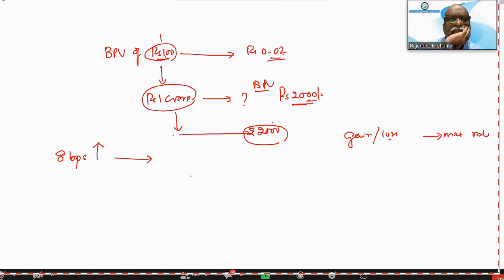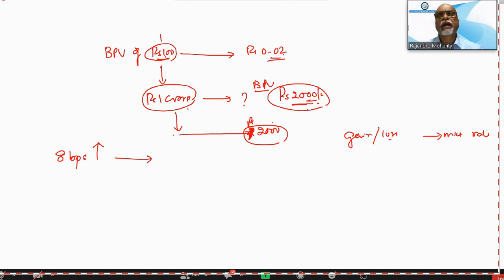Profit is 22,000, and before that previously it was 2,000. This is not 22,000. This is rupees 2,000. Here BPV is 2,000 for this 1 crore. For 1 crore of portfolio, BPV is 2,000.